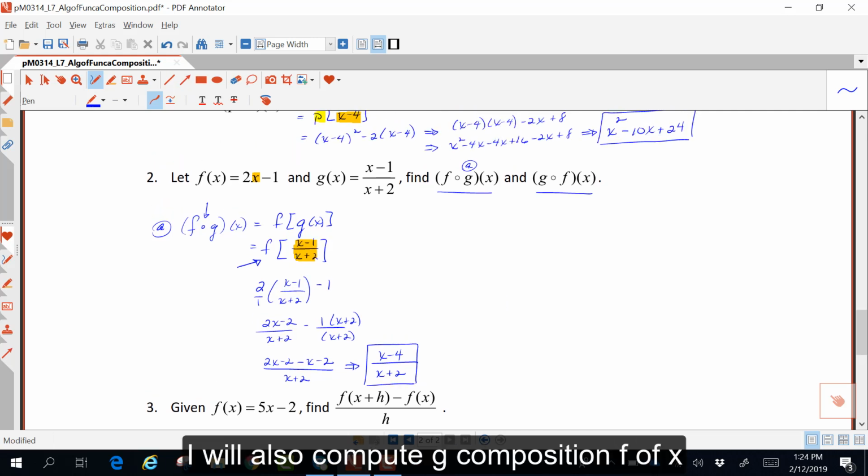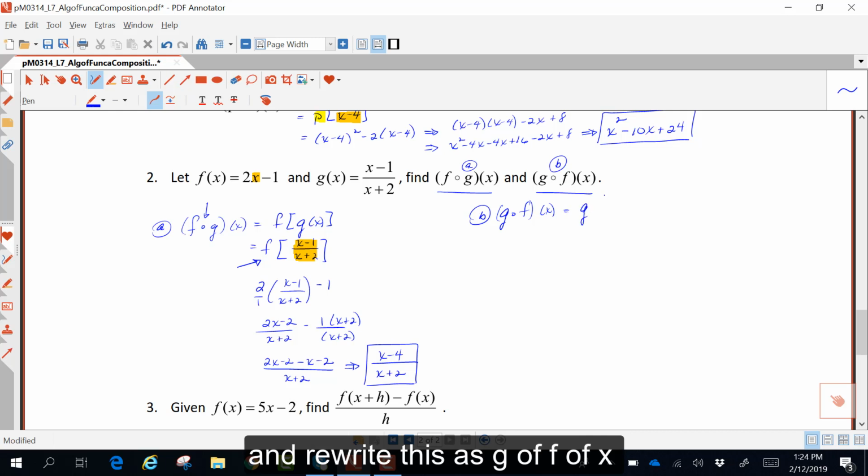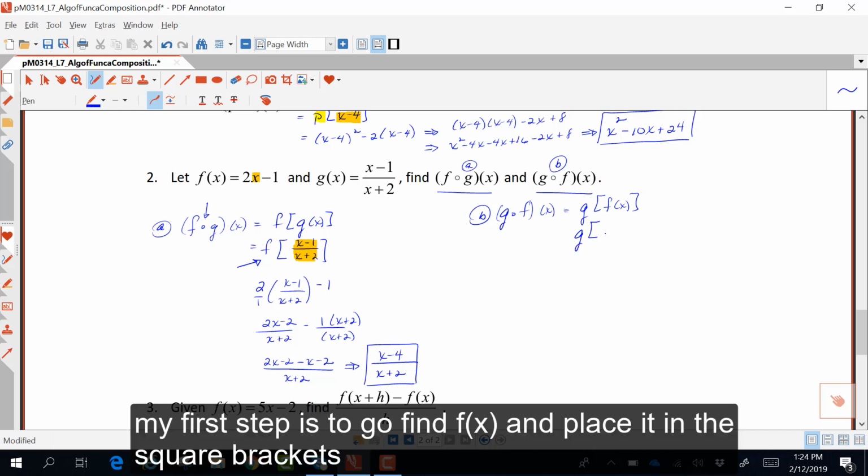I will also compute G composition f of x, which we will call part B. And rewrite this as G of f of x. My first step is to go find f of x and place it in these square brackets.